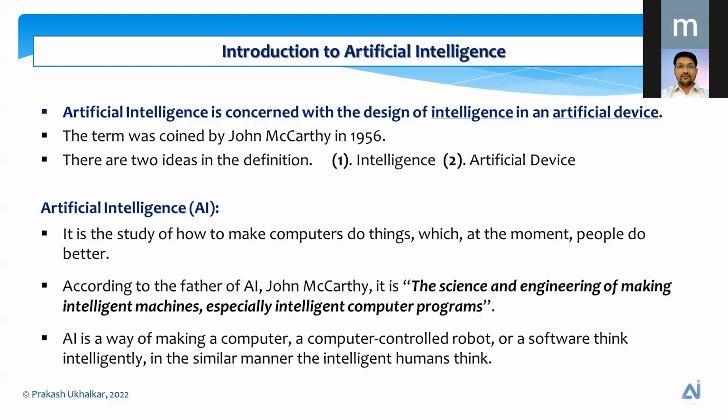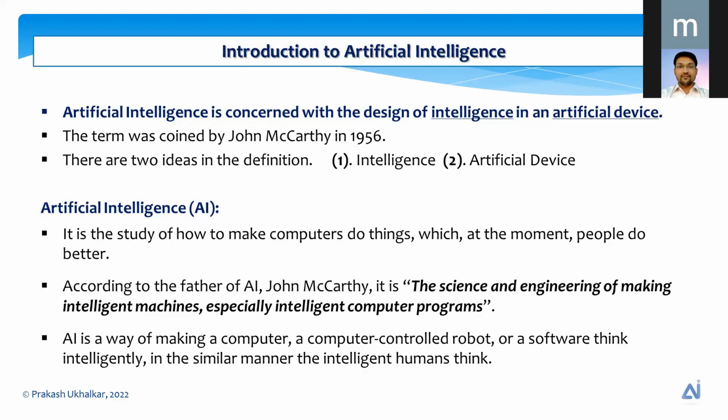Or it is related to the similar task of using computers to understand human intelligence. So AI does not have to confine itself to methods that are biologically observable, but intelligence is of real importance here.